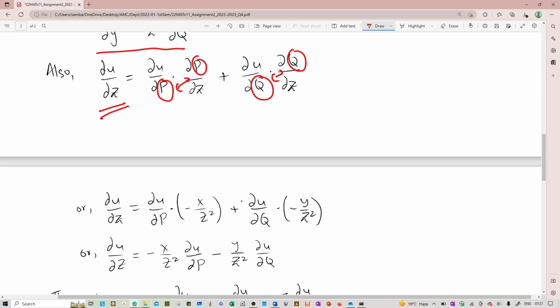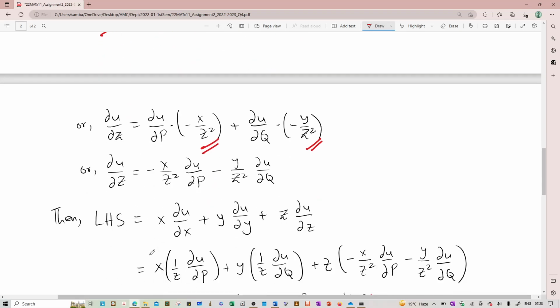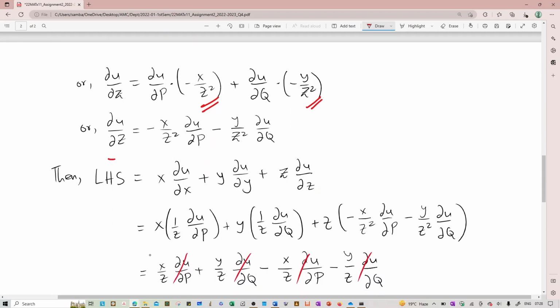So by using total derivatives, we are writing this expression. But then again, you see that ∂p/∂z we have already found out to be minus x by z square, and ∂q/∂z is minus y by z square. So using all these terms, we get the equation number 3 as the expansion of ∂u/∂z.